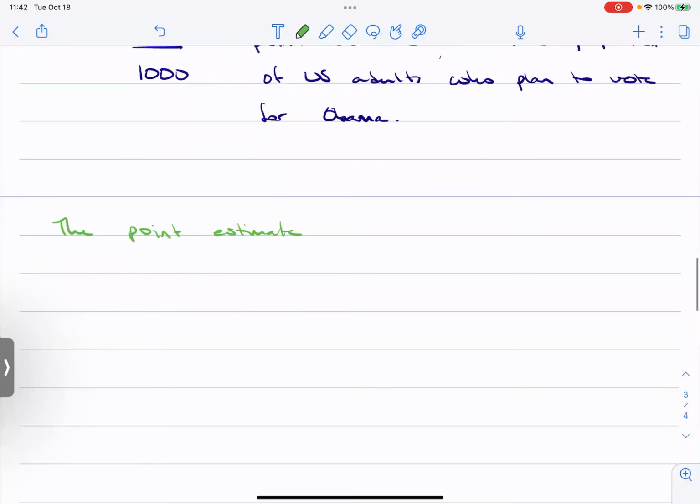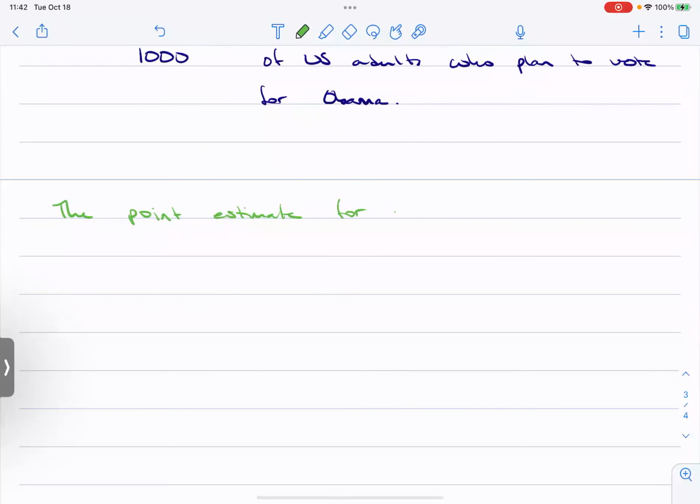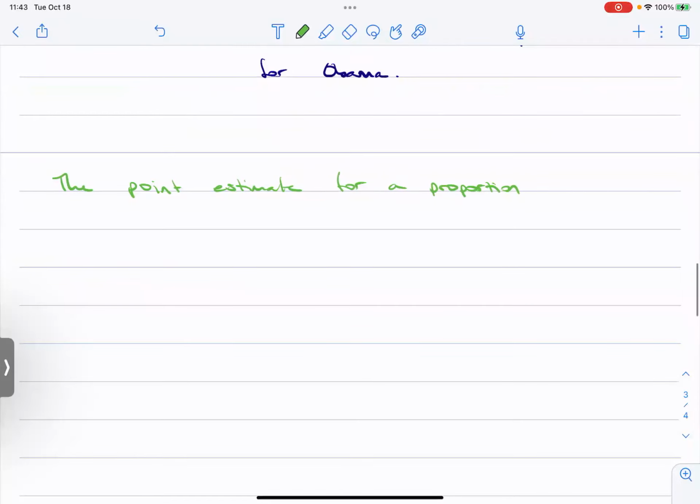The point estimate for a proportion implies that it's a single proportion, and is denoted by p-hat. So it's a lowercase p with a hat on top. P-hat.